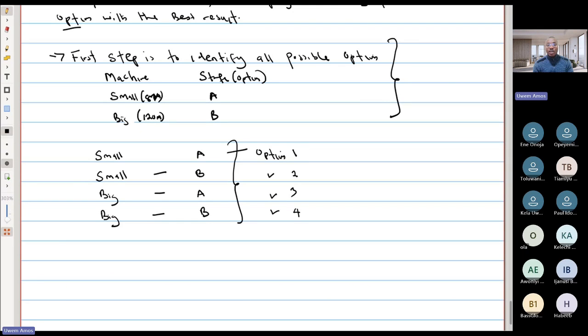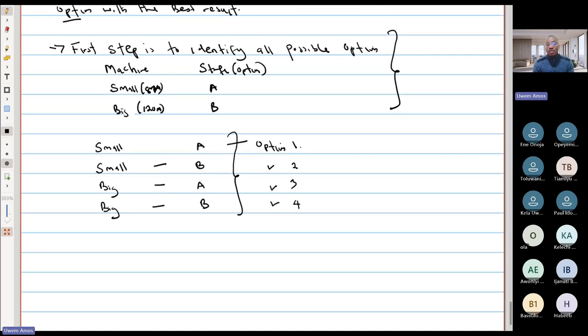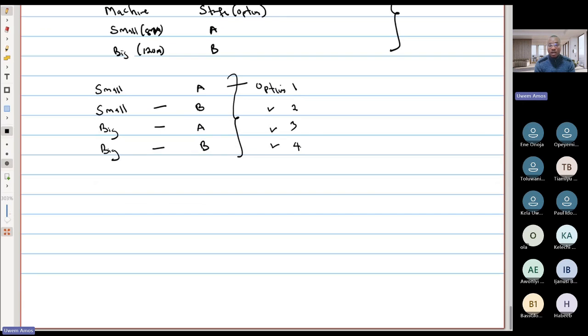So when I mention option 1, I'm basically referring to a situation where you buy a small machine and you experience state A. So let's put it here: option 1, option 2, option 3, and option 4.